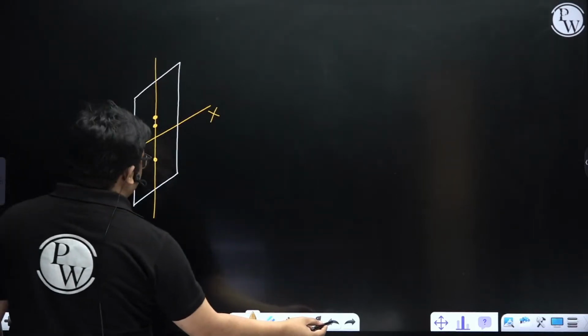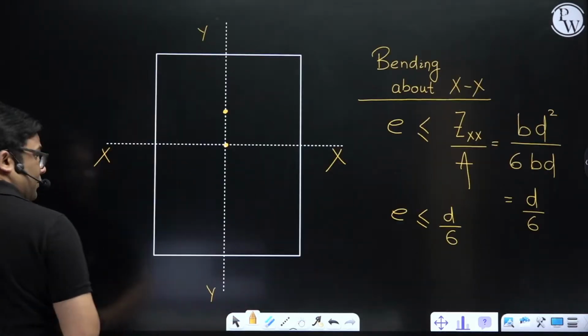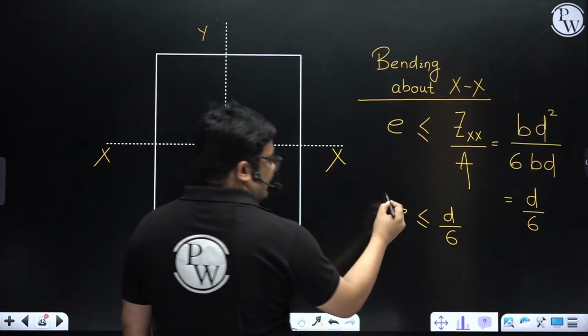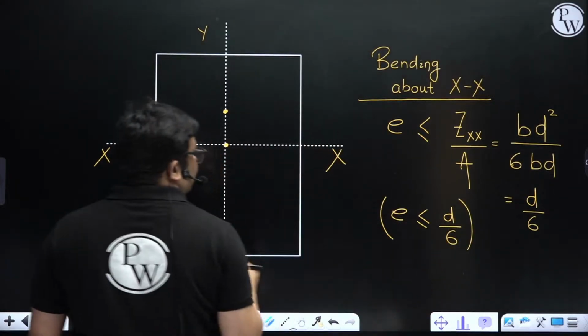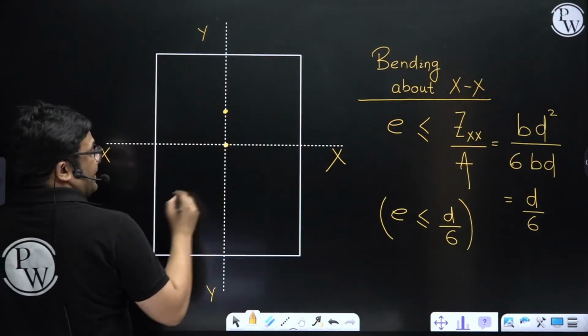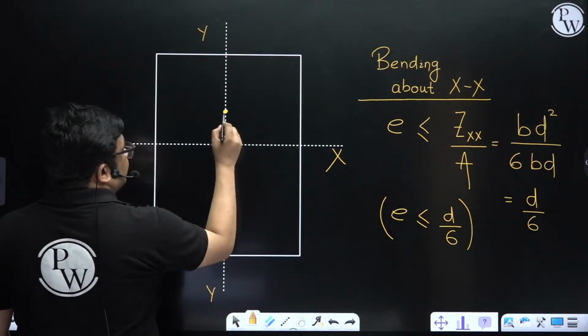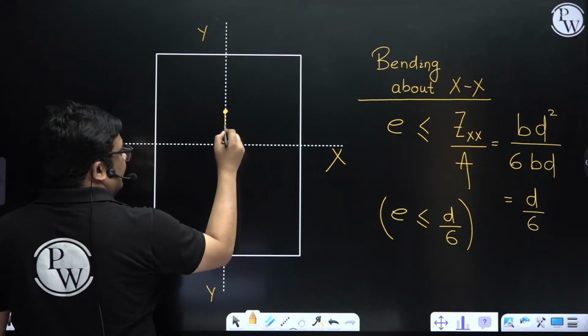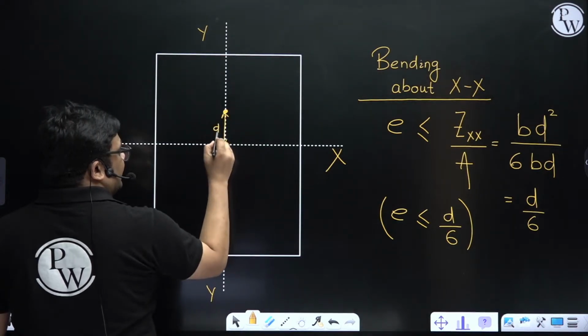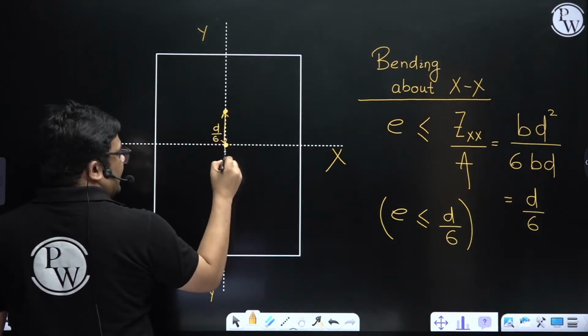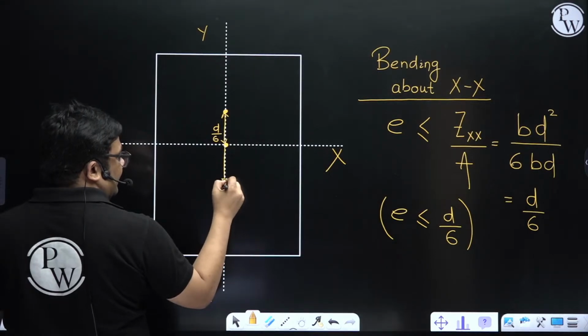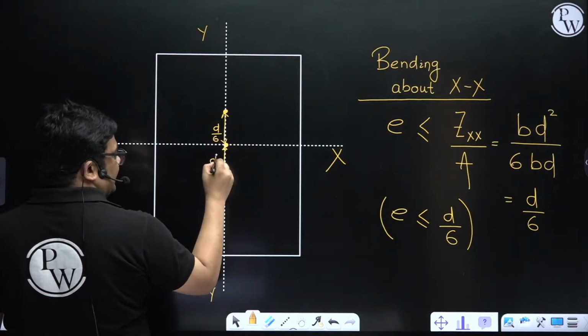When the load is acting here or here or here, then bending will happen about this axis. So this eccentricity which I have got here is less than or equal to D by 6. This is about the y-axis. So I can say this is D by 6 this side, and D by 6 this side.